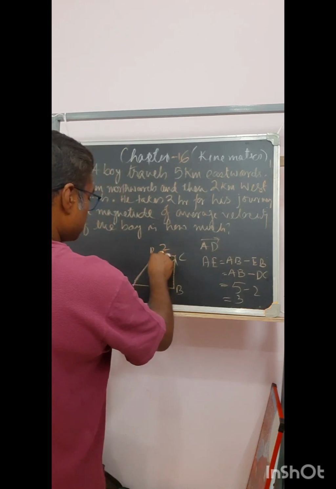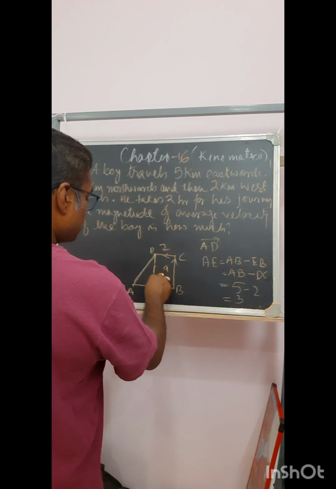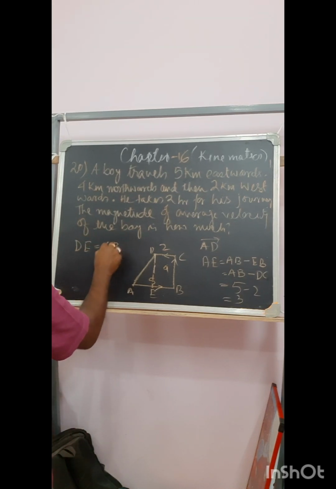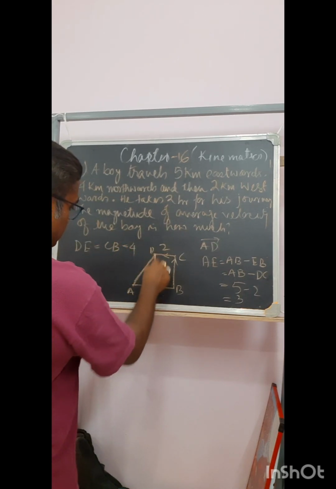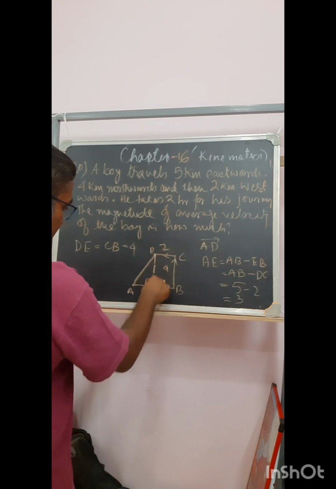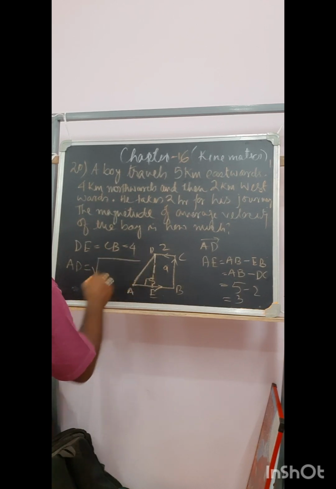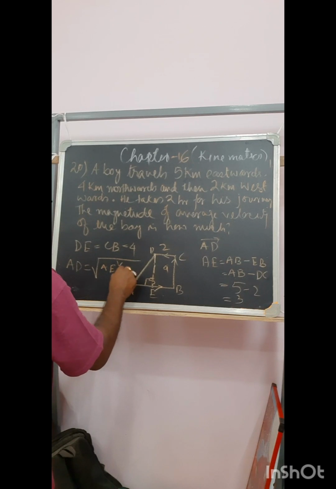Now how much will this be? DE is equal to CB, that is equal to 4. This angle is 90 degrees as it is perpendicular to the horizontal line. So your AD is equal to the square root of AE square plus DE square.